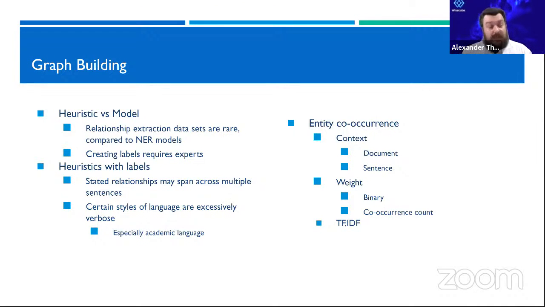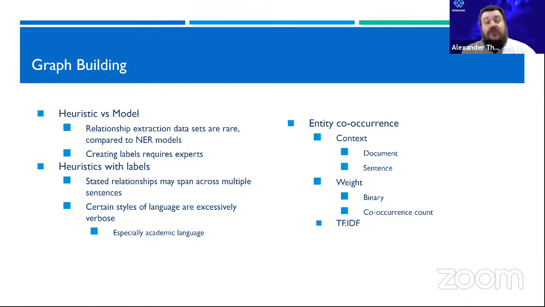If you have very verbose language, like academic language, the way the relationships are stated can span sentences. So it'll be hard to come up with heuristics that extract different kinds of relationships. So we're going with an untyped one for when we build this model, with the idea that once we find these relationships, it'll actually be easier to create more targeted data sets to identify the relationships.